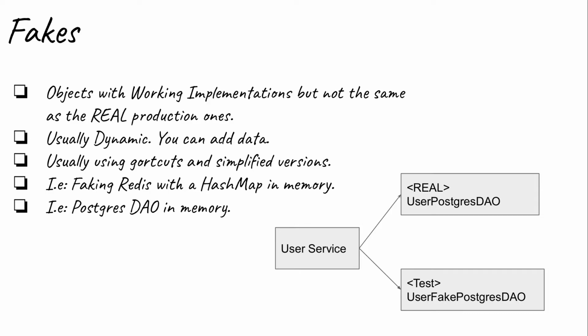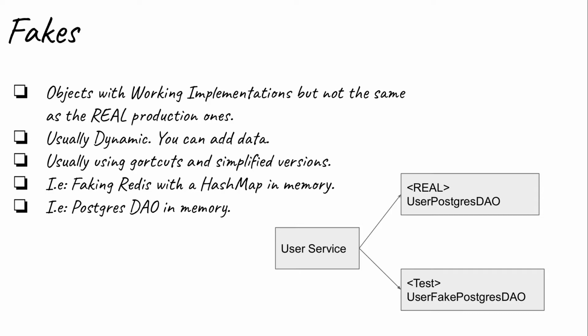So dynamically, you would be able to add and remove users like you would do in Postgres and in Redis. But the difference is that it's in memory, in your probably local JVM. So this is not a remote dependency, it became a local dependency. So the speed is much faster and it's fairly more simple and reliable.